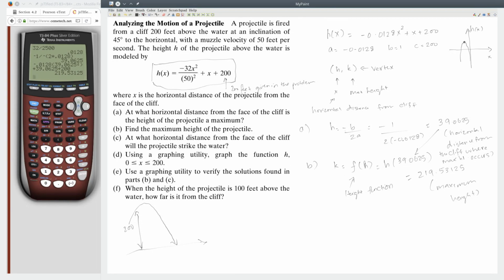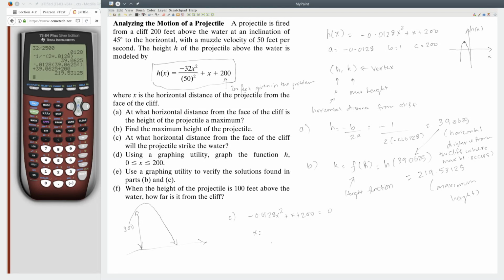So we could use the quadratic formula and set the height function equal to 0, because the height of the cliff is 200, and find the solution x, which is the horizontal distance from the cliff where it's going to hit water.